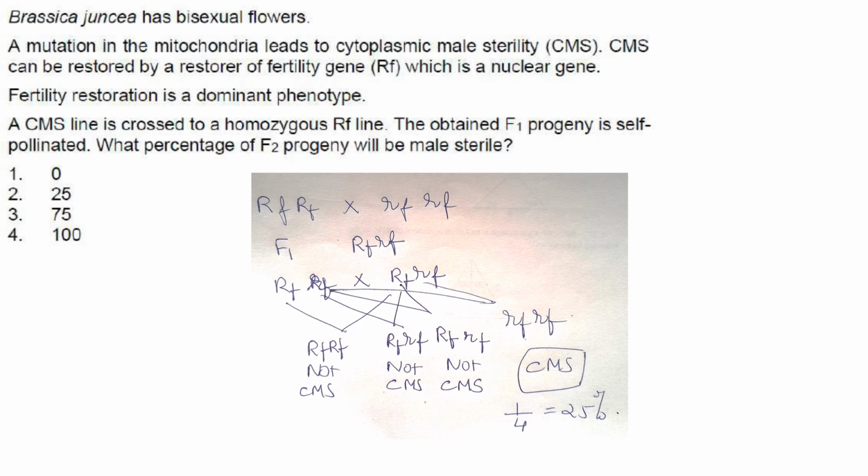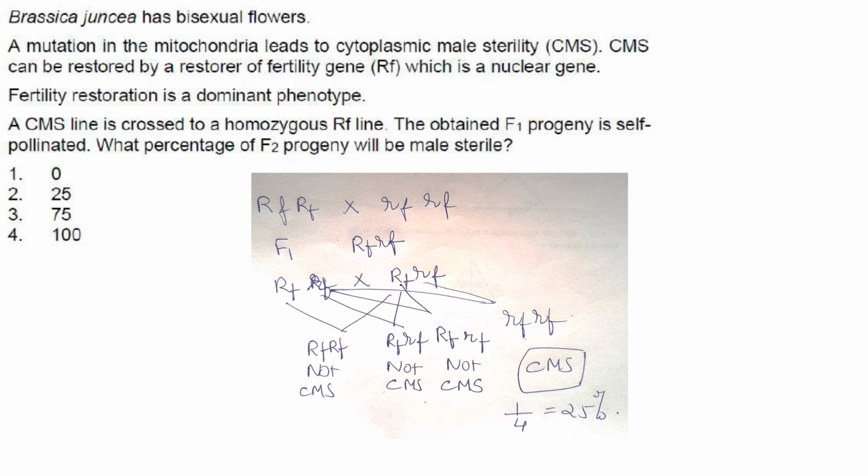If you want to restore these cytoplasmic male sterile plants back to normal fertile plants, there should be a gene called the restorer of fertility gene RF, coded by the nucleus, and it can restore the male fertility back in a CMS plant.